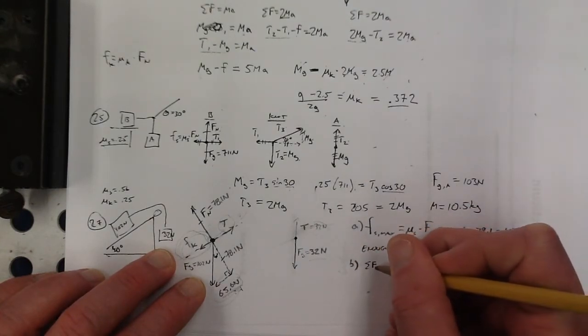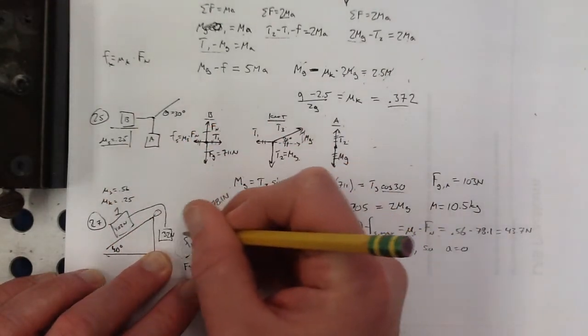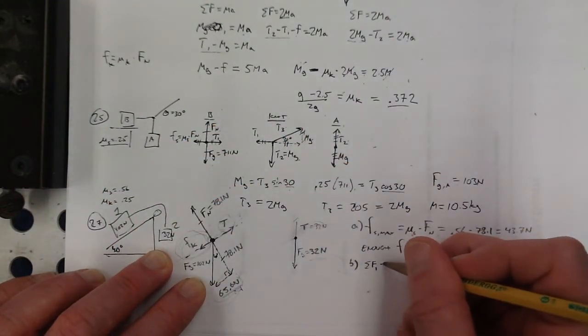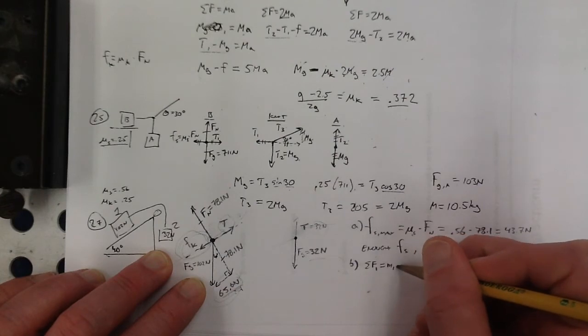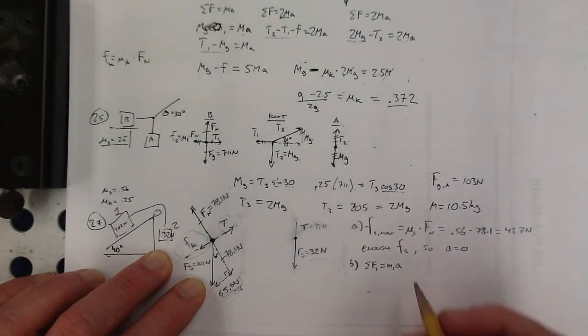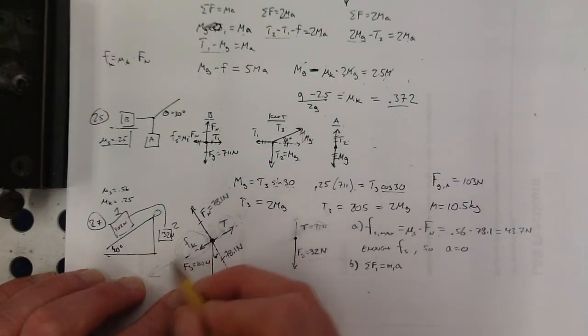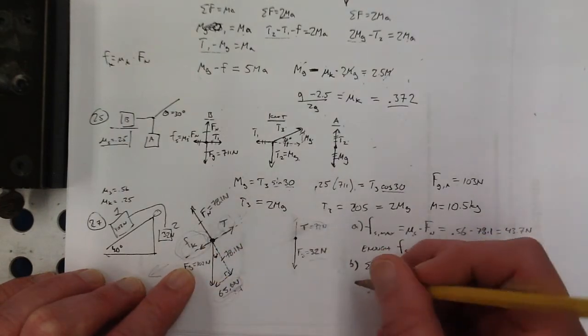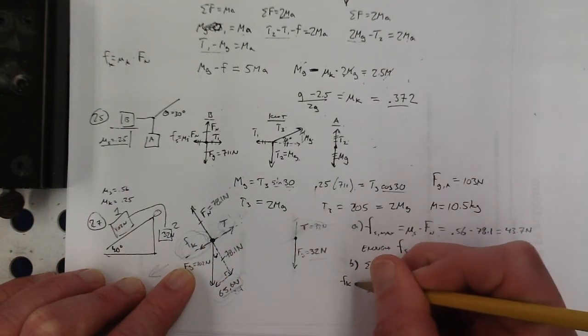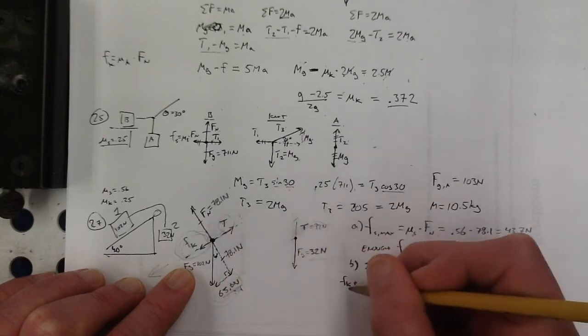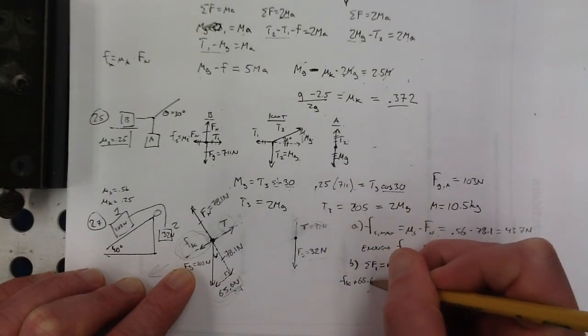let's say this is block 1. I'm going to call this block 1 and block 2. So sum of all forces on block 1 is the mass of block 1 times the acceleration. And for me, I'm assuming this is the winning direction. So that means I've got my kinetic friction and my down the ramp component of gravity.